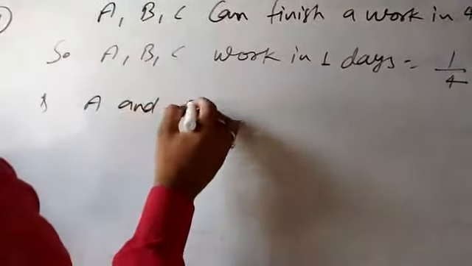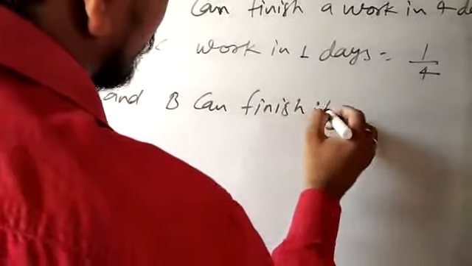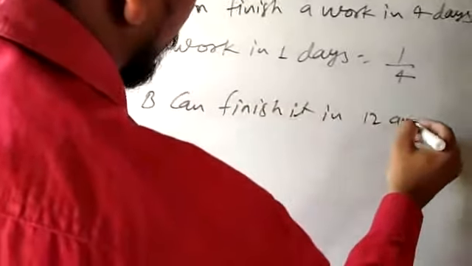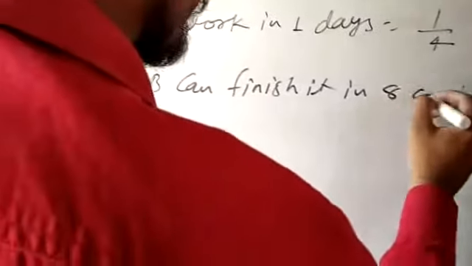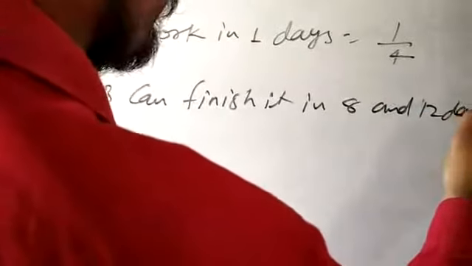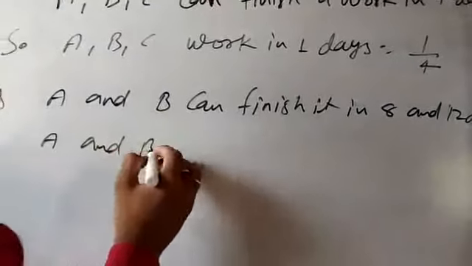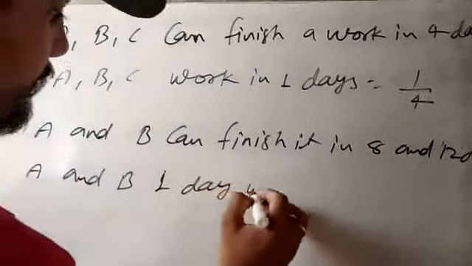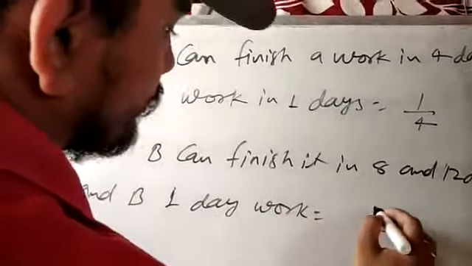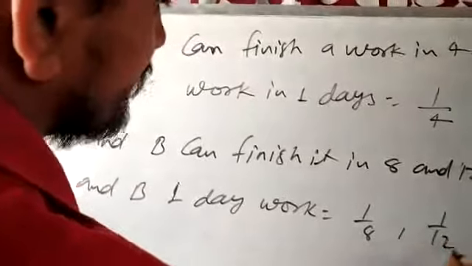A and B can finish it in 8 and 12 days. So A and B's 1 day work is equal to 1/8 and 1/12.